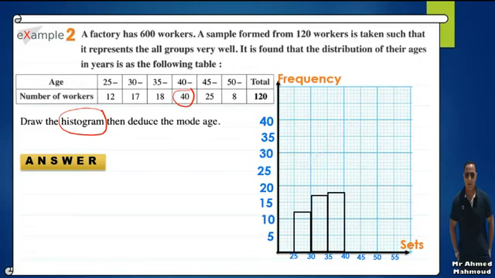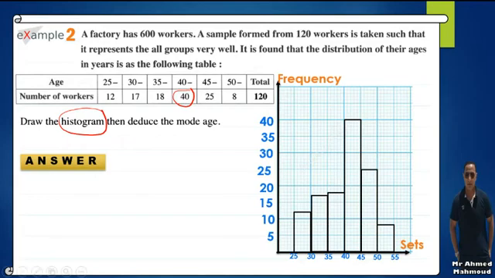Then from 40 I'm going to go up here. Then 45 to 25, I'm going to draw a rectangle like this. And then, excuse me, from 50 to 8, which is here in this place.